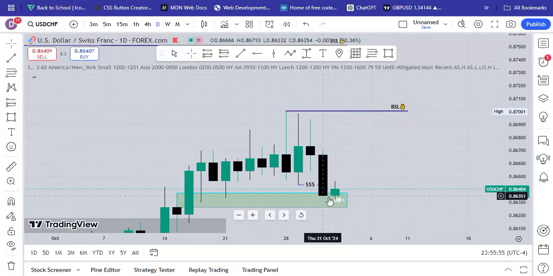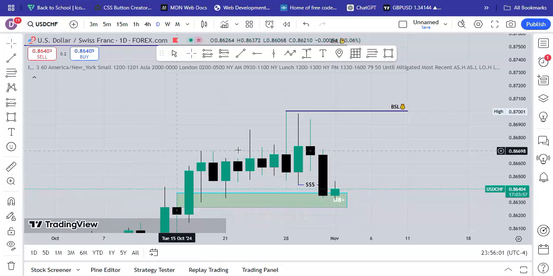This is a bullish PDRA, and it's showing our bullish order flow. Just like I said, US dollar is going to be gaining strength, and we want to see a bullish move for US dollar on the daily time frame.